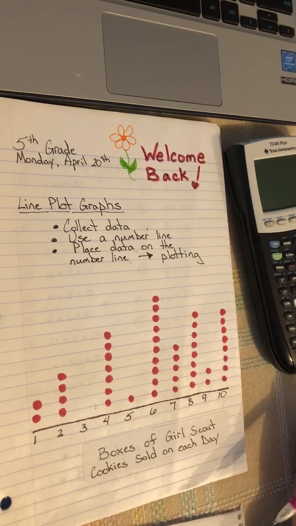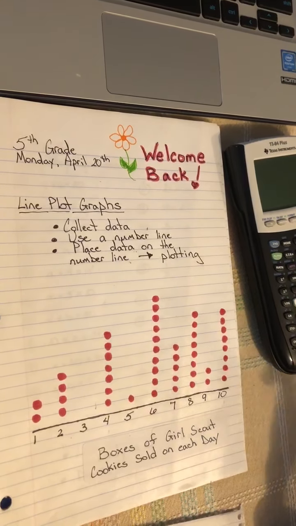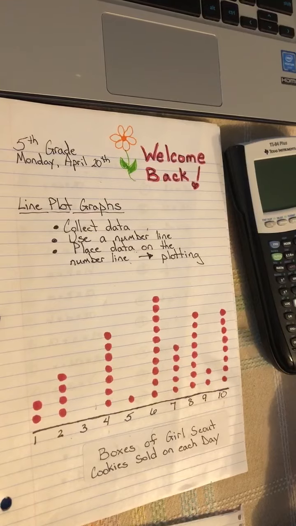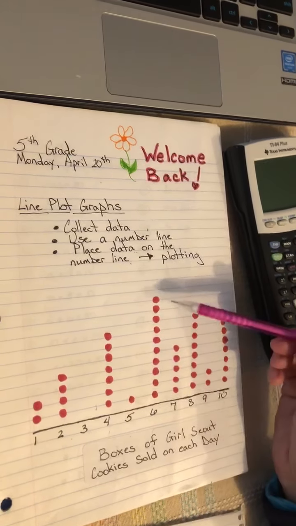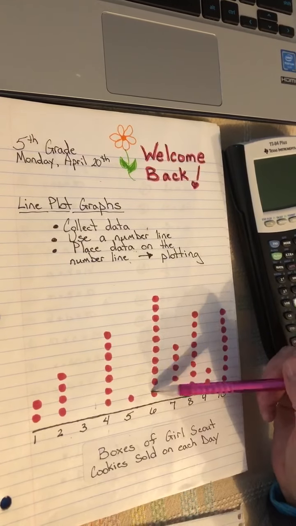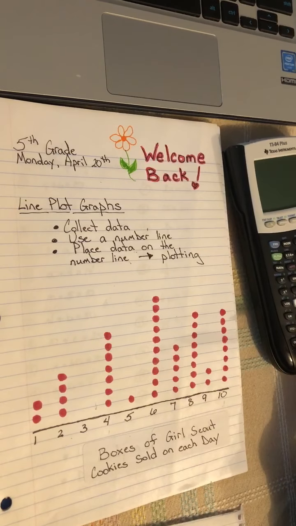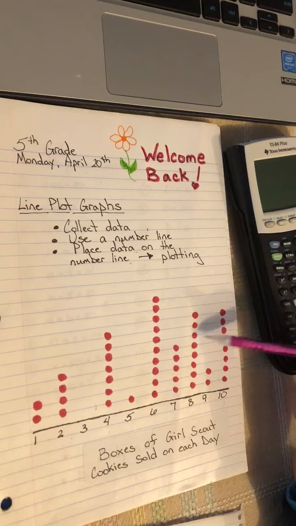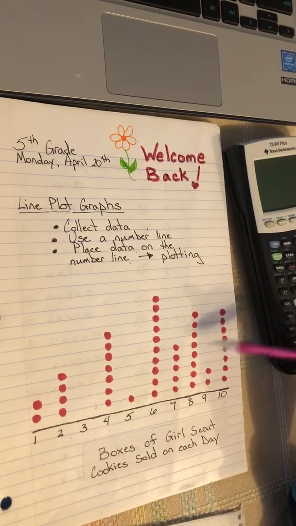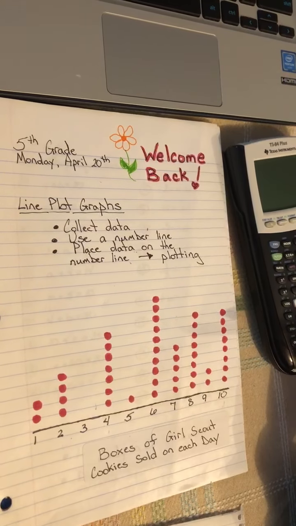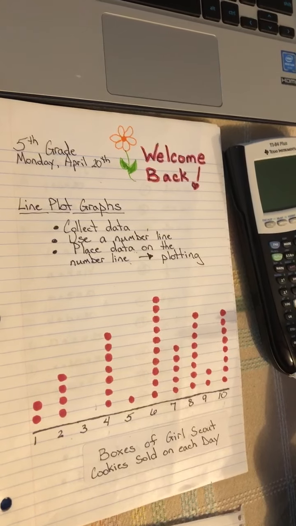On which days did she sell more than 8 boxes? All right, more than 8 means you cannot include 8. All right, so the only day that she sold more than 8 boxes is day 6, in which she sold 10. All right, on days 8 and 10, she sold exactly 8. And the question says more than 8 boxes.